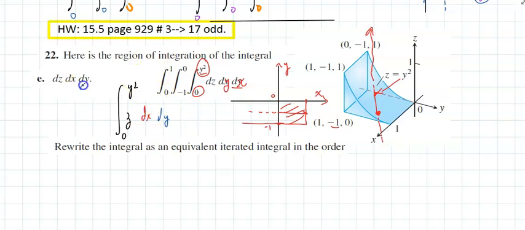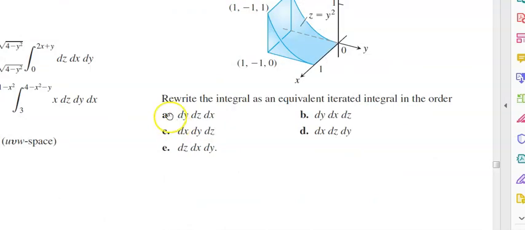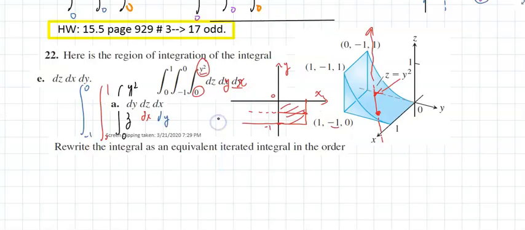Well, if I want dy as the outsidemost integral, that would run from -1 to 0, and x would run from 0 to 1. So that's one.